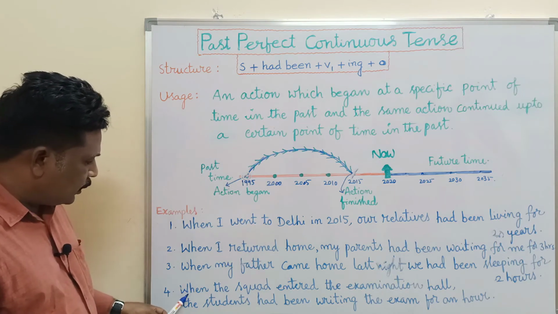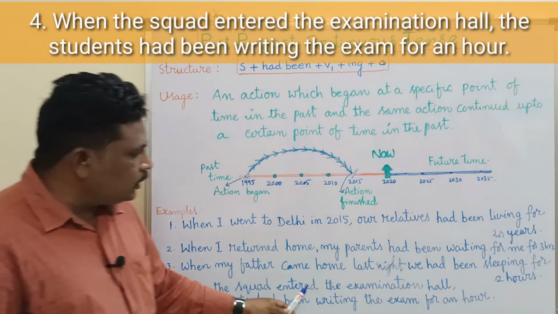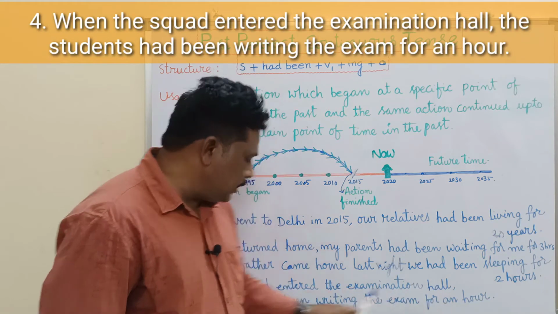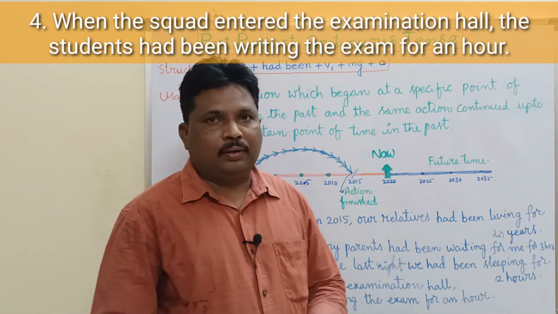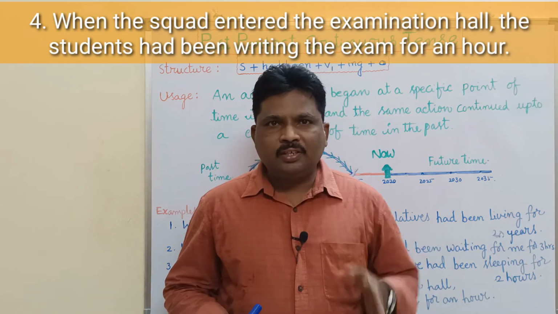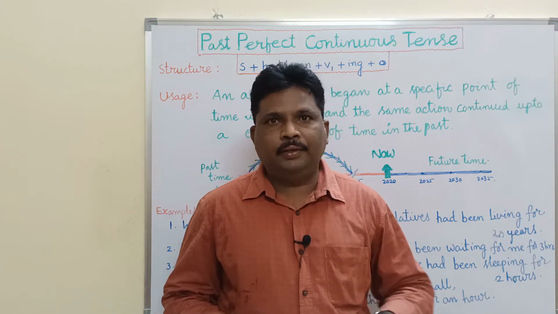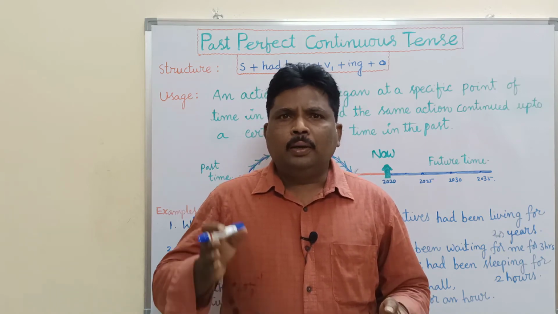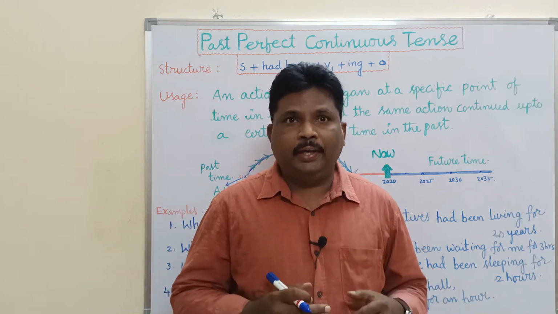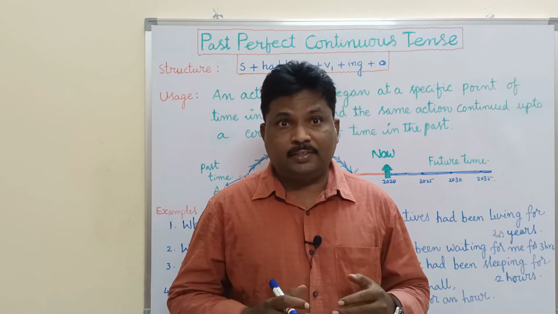Next, the fourth example. When the squad entered the examination hall, the students had been writing the exam for an hour. For example, yesterday the examination started at 9 o'clock. By 10 o'clock, the squad came. The flying squad entered the examination hall.